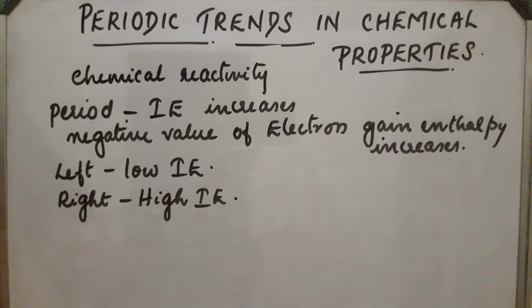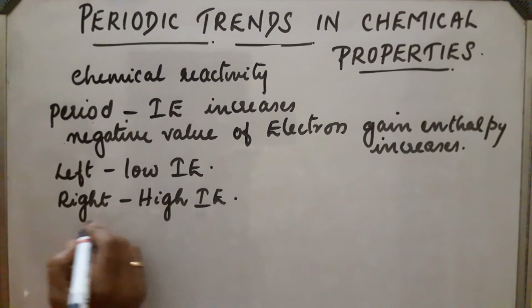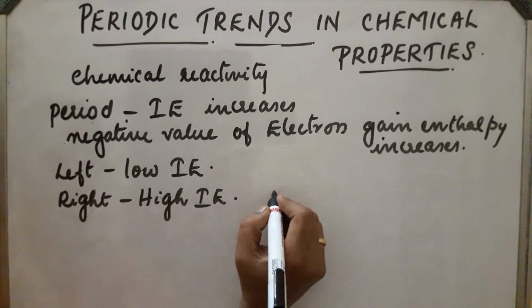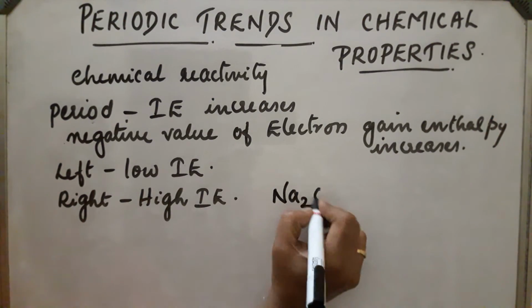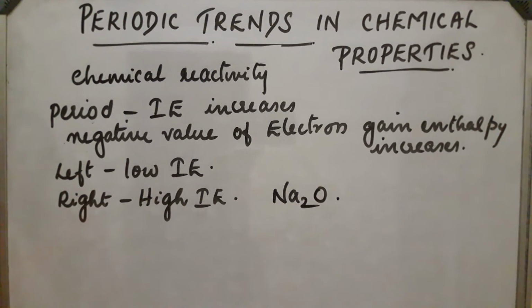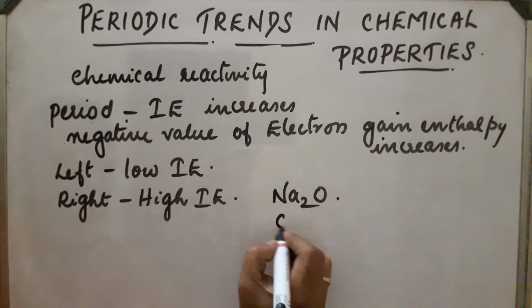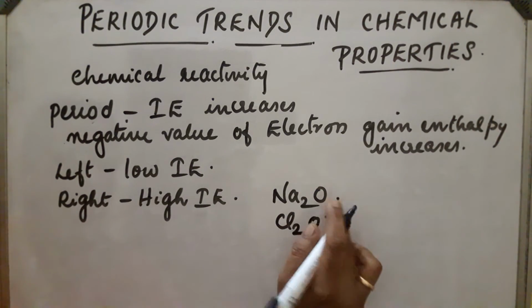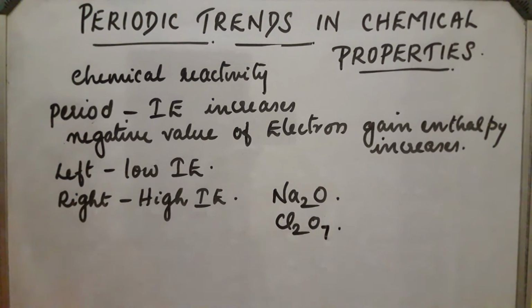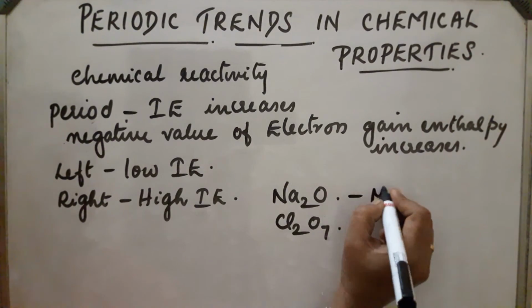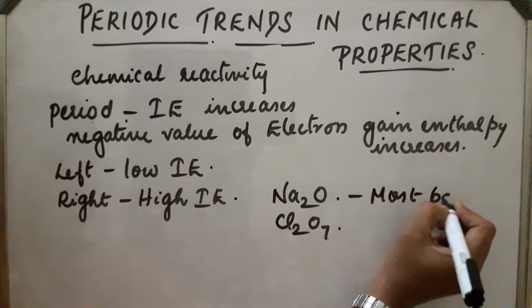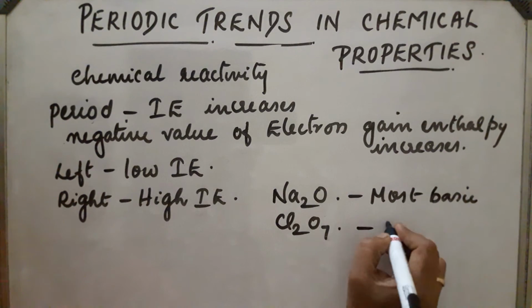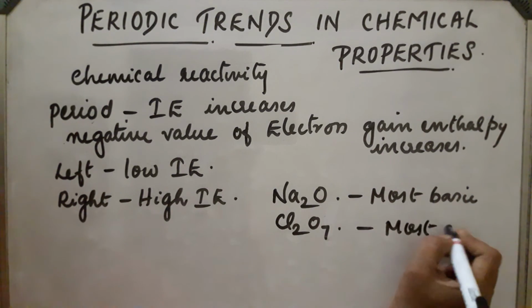Next, the elements at the two extremes, sodium and chlorine, form oxides Na2O and Cl2O7. Na2O is most basic, whereas Cl2O7 is most acidic.